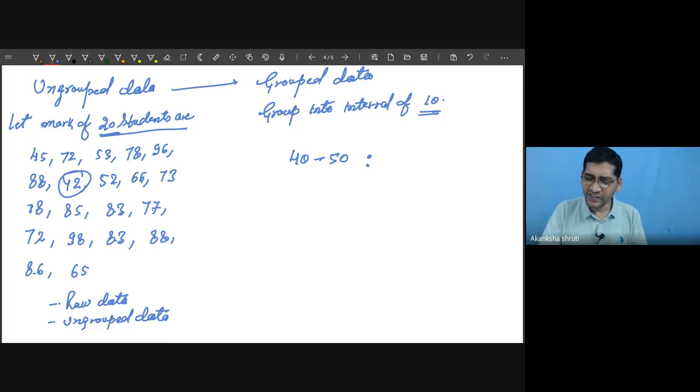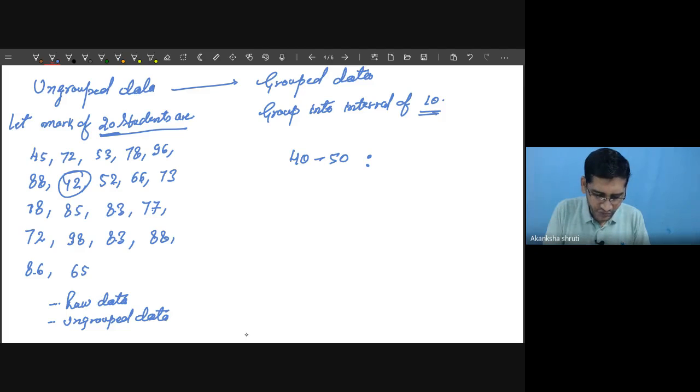Keep in mind the general convention is that the lower limit you consider and the upper limit you leave for the next one, if it is overlapping. If it is non-overlapping, then both lower and upper limit you have to consider.